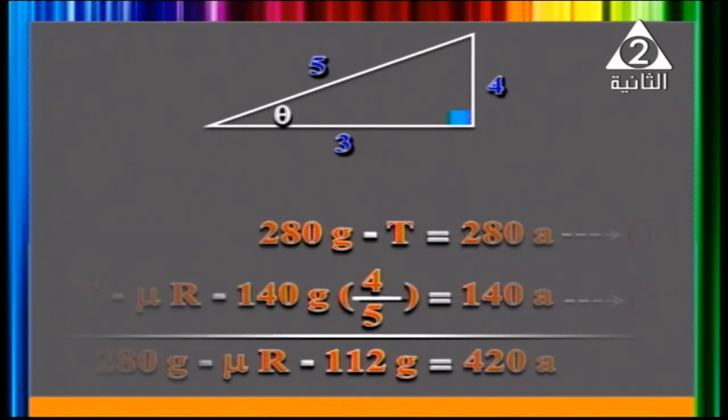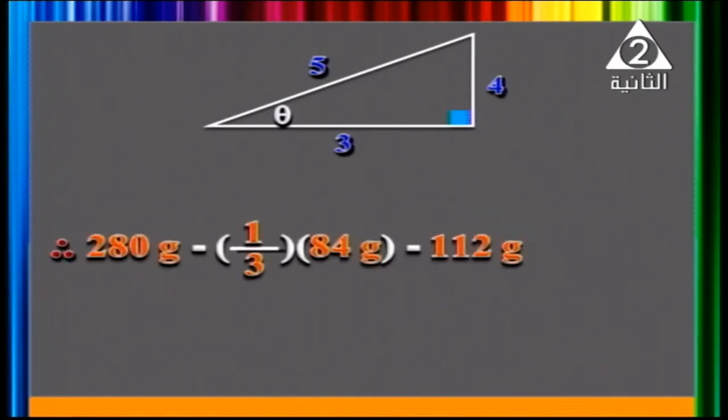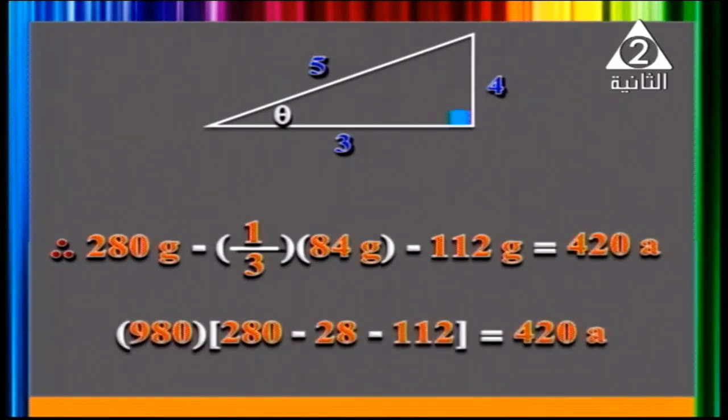My dear student, then we deduce that 980 multiply 280 minus 28 minus 112, inside bracket, equal 428a.